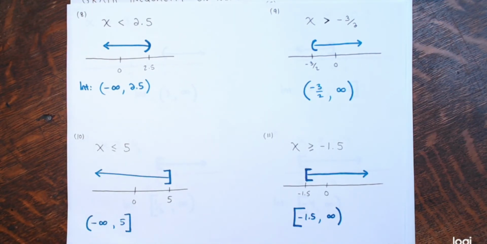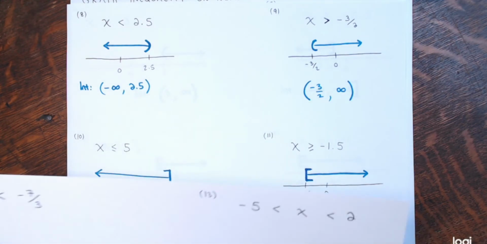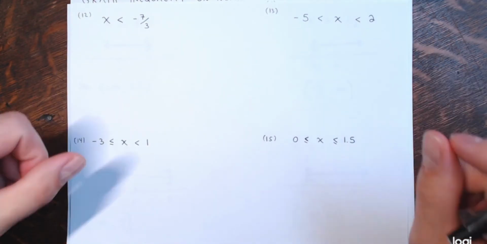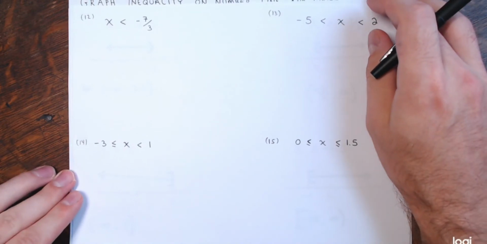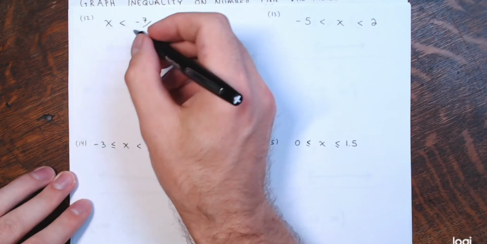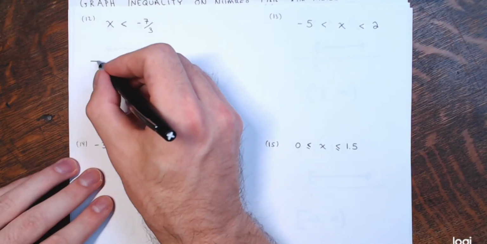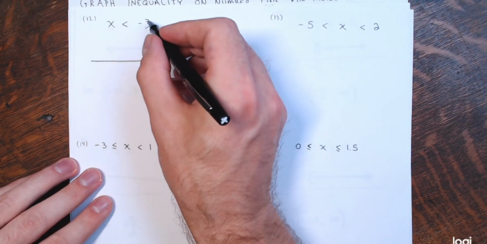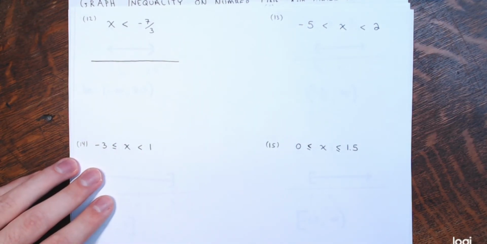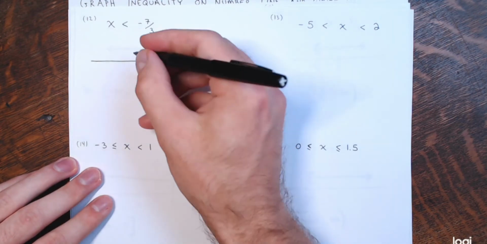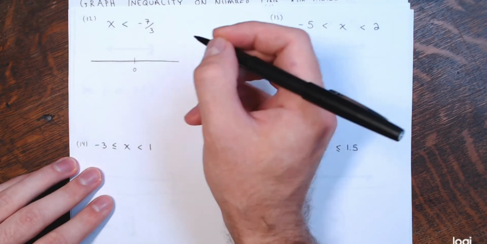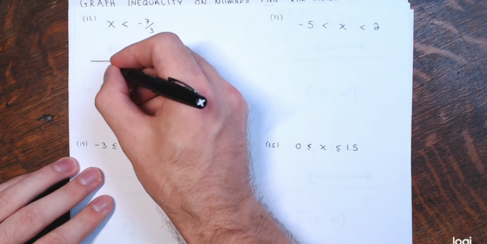All right, number 12, example 12. Same instructions, still a simple inequality, right? X is less than negative 7/3 or negative 2 1/3. So there's a number line, there's 0, and this is going to be over here somewhere, right?